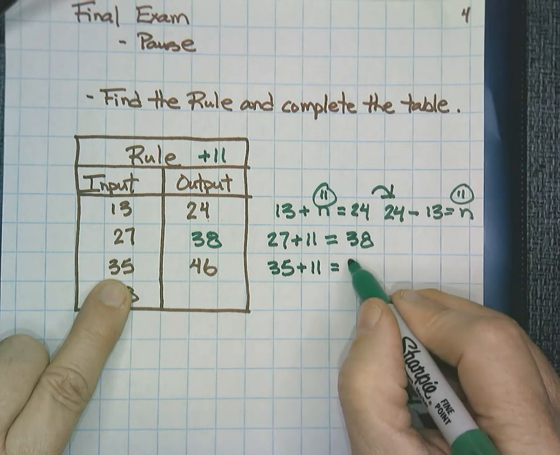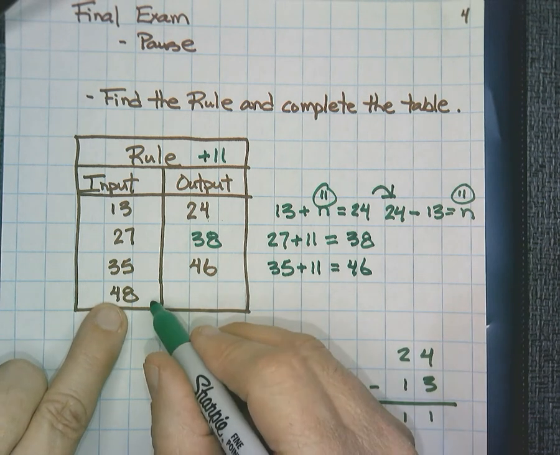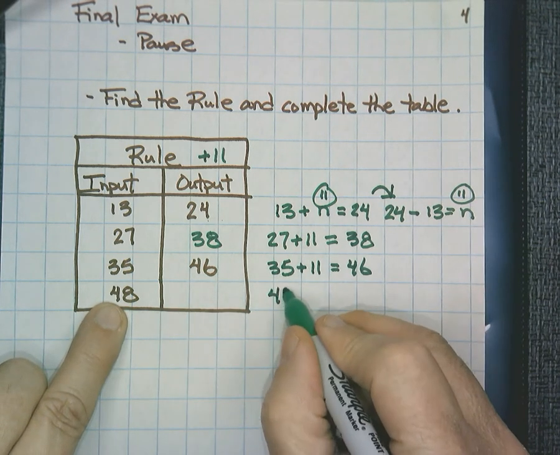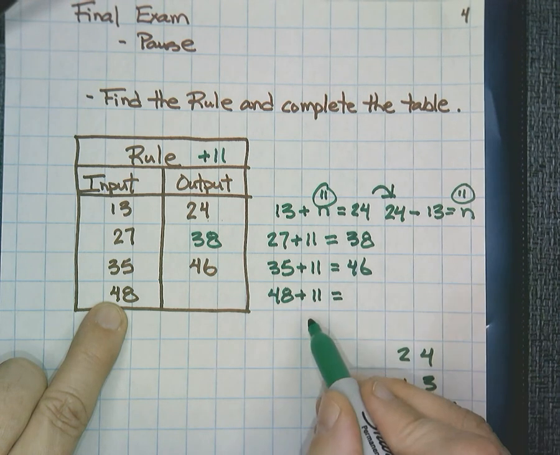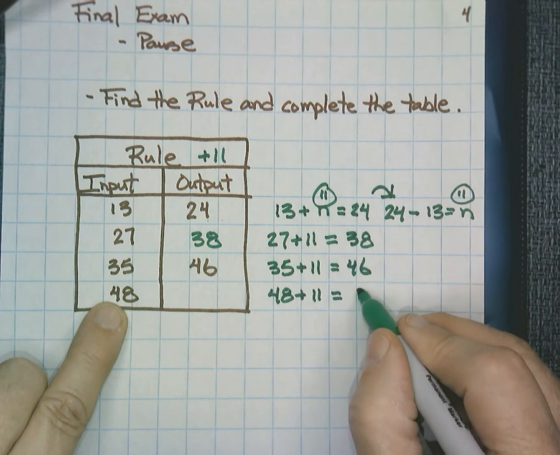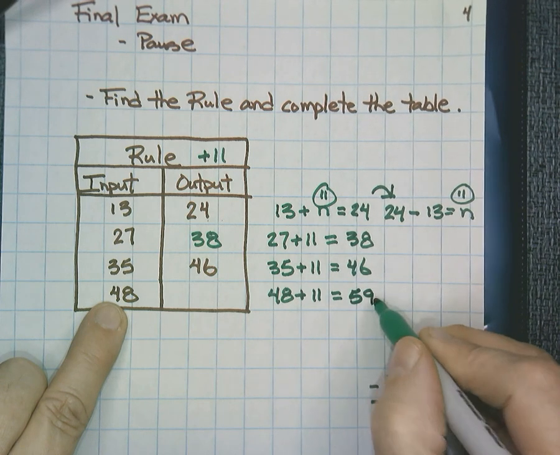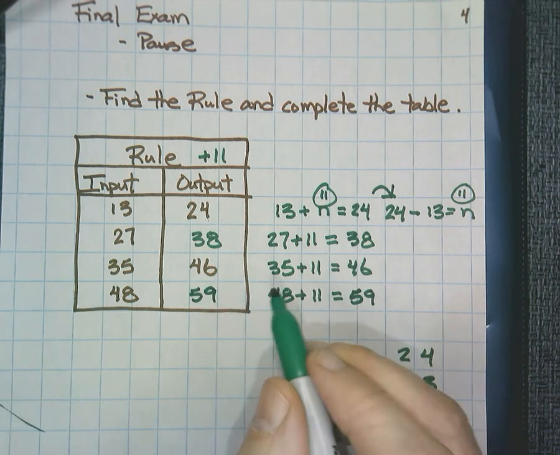And that would equal 46. So, yep, I checked it twice. We're going good. Okay, last one, 48 plus our rule of add 11. Well, if I add that, I'm going to use a strategy. I'm going to arrive at 59. So this last one would be 59.